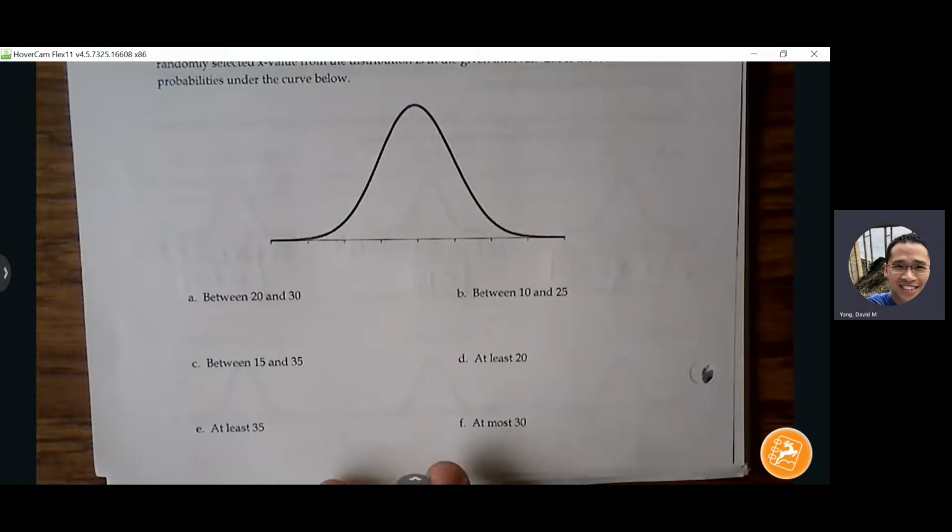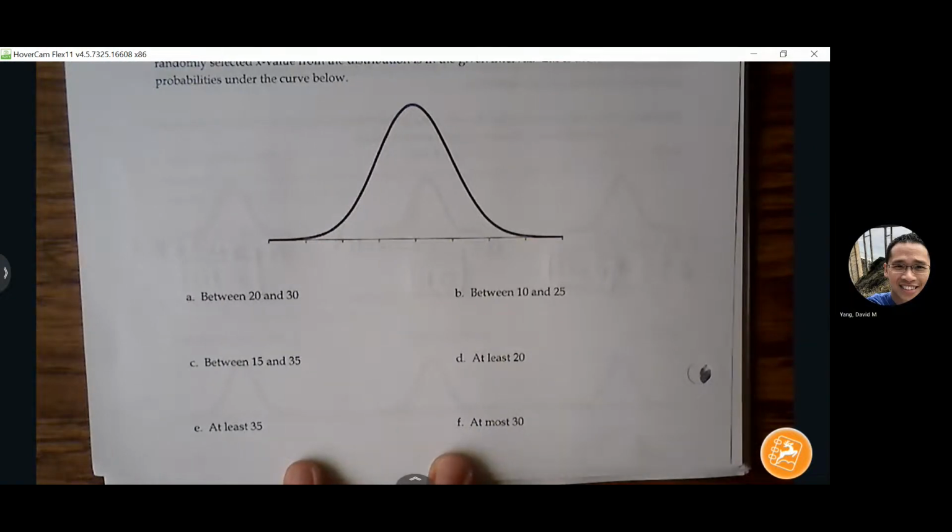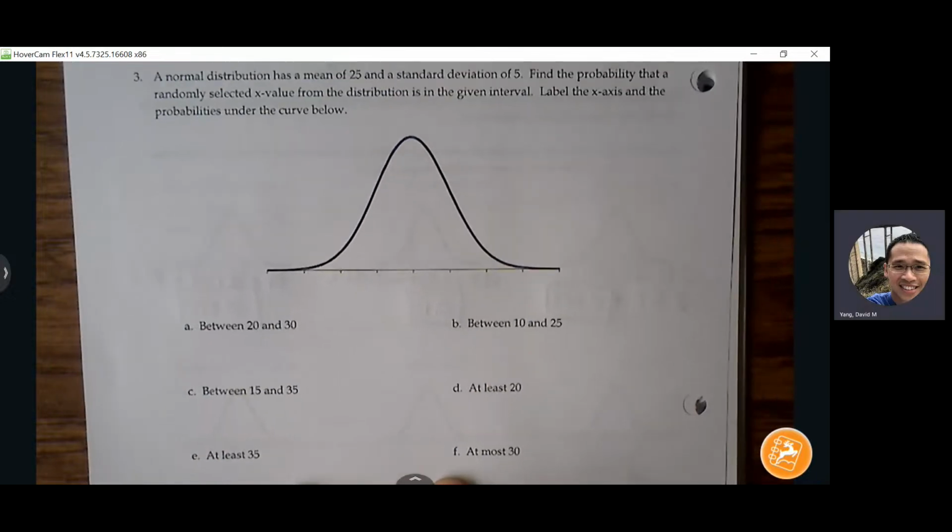All right, page 16. Very good. Let's go to number 3.